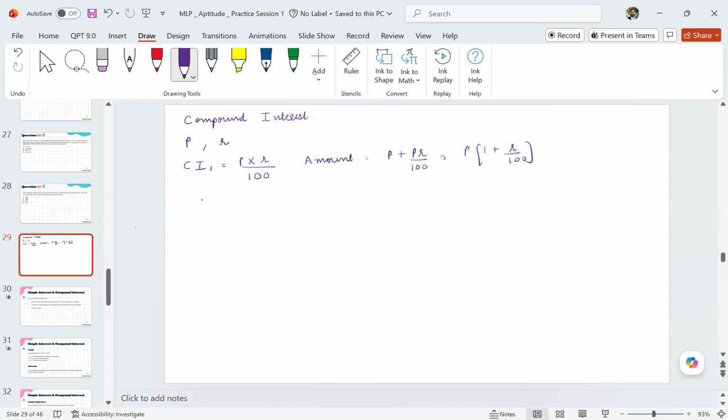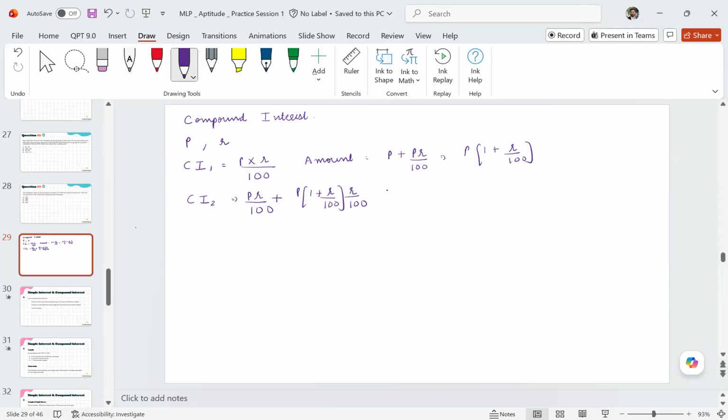Okay. Now, after 2 years, how much will it be? It will be the first year, which is PR upon 100, plus the second year's interest. How will you calculate the second year's? You'll calculate on this amount, correct? So you will say P times 1 plus R upon 100 is the principal, into R upon 100. Yes or no?